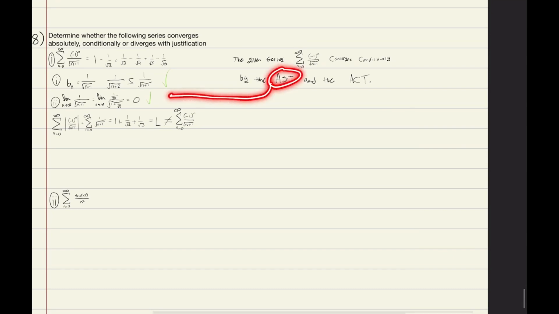The alternating series test was this one, and the absolute convergence test was this one.